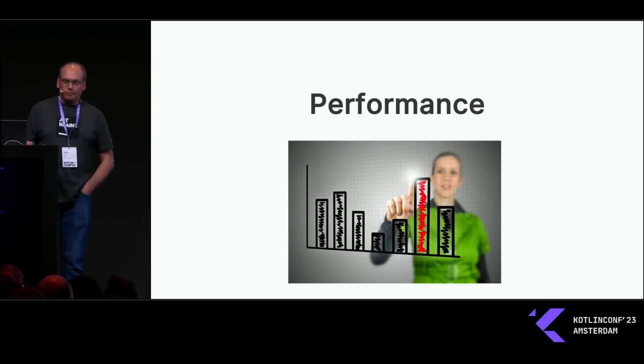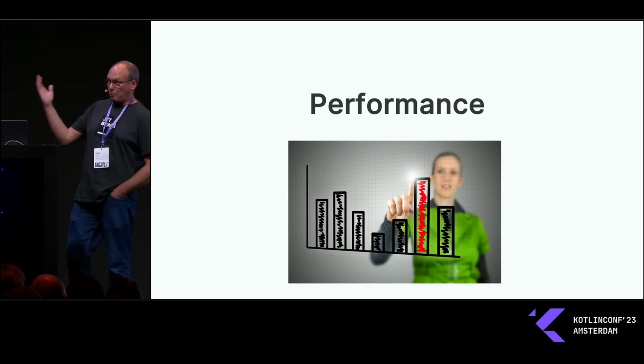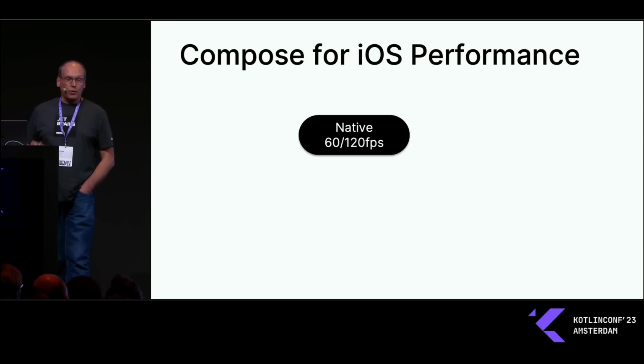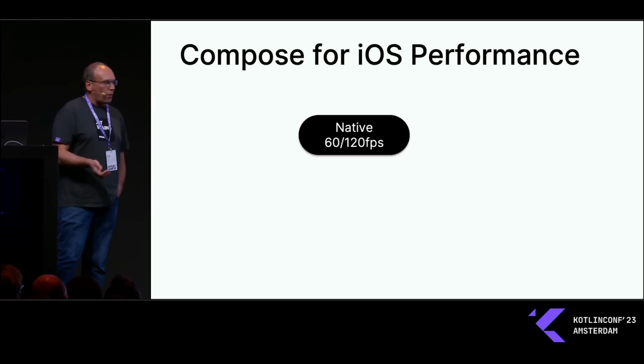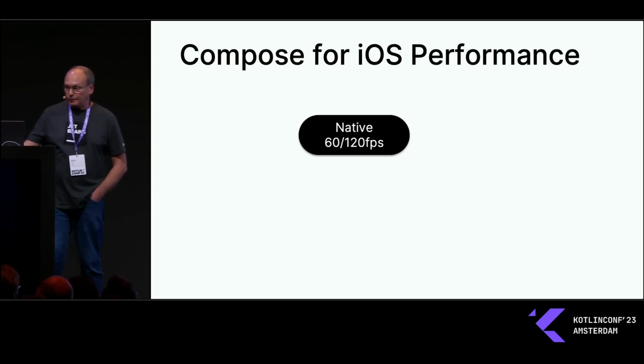But you may ask, OK, it's clear, but what about performance? Does the scheme perform well? So if we talk about the performance of UI applications, we actually talk about whether we can fit into 60 frames per second or even 120 FPS for modern devices.